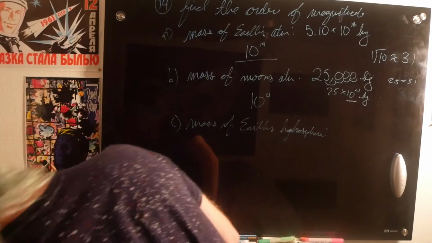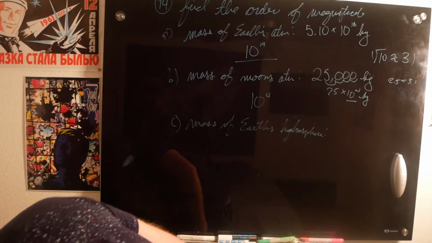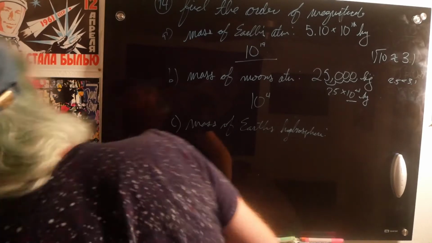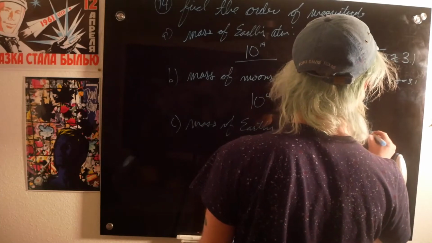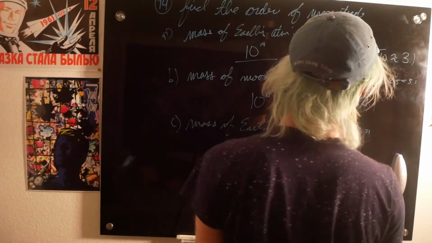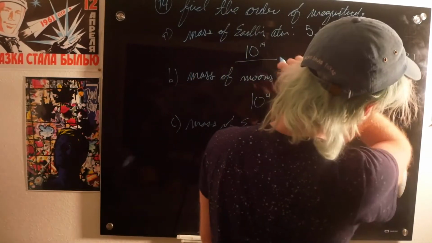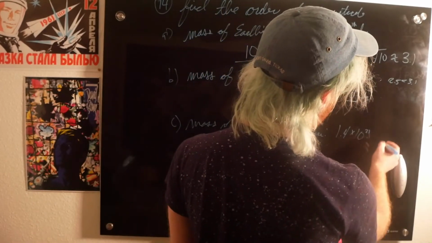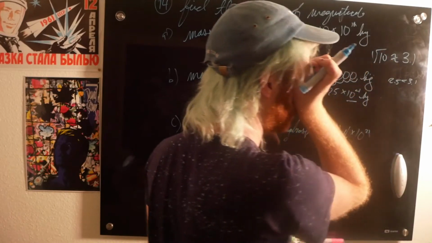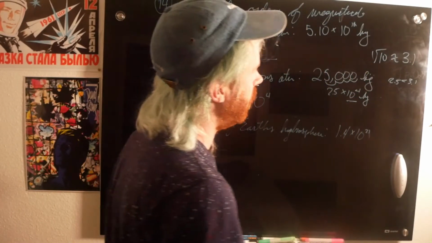That is going to be 1.4 times 10 to the 21st. Now 1.4 is less than root 10, 3.1. We're rounding like that because the number that affects it most is the powers of 10.